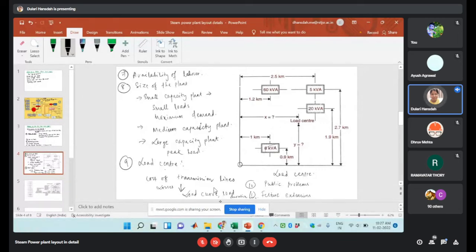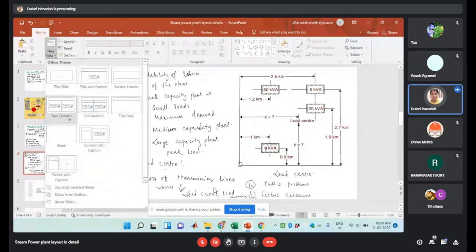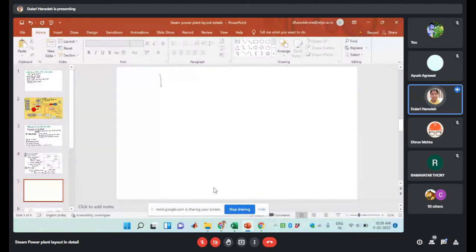It is the graphical representation of the load with respect to time. For the plant, generally we draw the daily load curve.